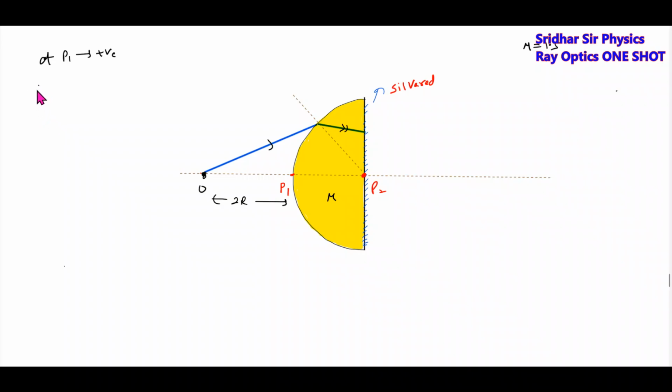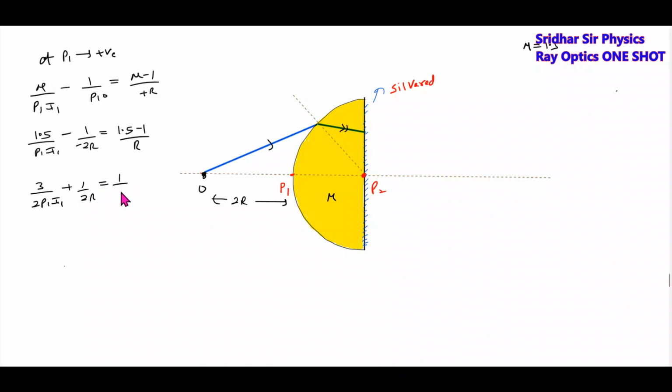So mu into P1I1 minus 1 by P1O. So P1I1 I am getting infinity.